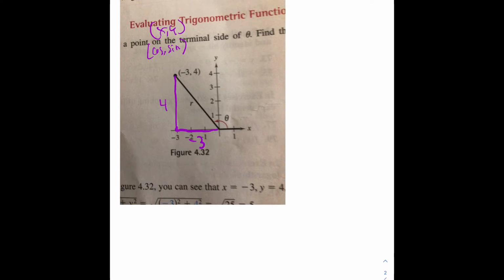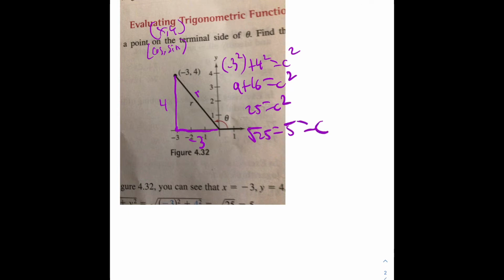This is going to go up and be 4. If I use a squared plus b squared equals c squared, because it's a right triangle, I get -3 squared plus 4 squared equals c squared, 9 plus 16, which means this is going to be 5.